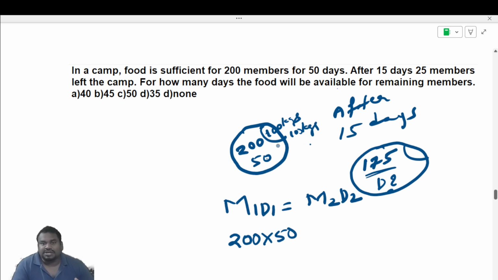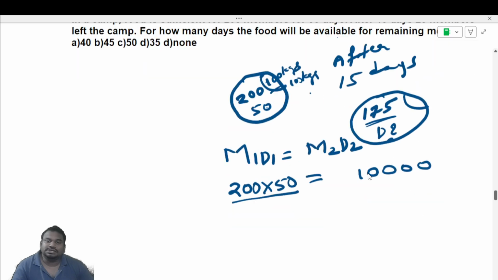People come and go, that won't change the rice. Of course, if they eat, some will be finished and some will be left, but the total amount will be the same. So the amount in the beginning is calculated by multiplying 200 into 50, which is 10,000. Some 10,000 units you can say.